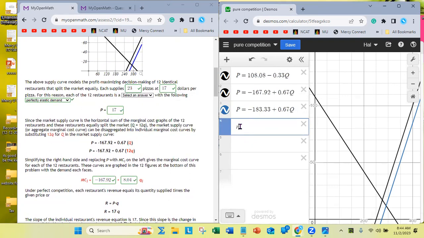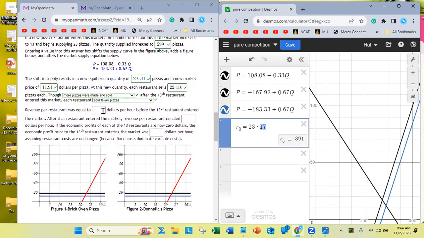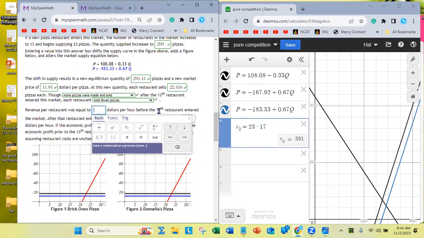So this is the revenue before the 13th entered the market when there was only 12. 23 times 17. Each is supplying 23 pizzas at $17 a pop, right? So the revenue before the 13th entered the market was $391 in my case.